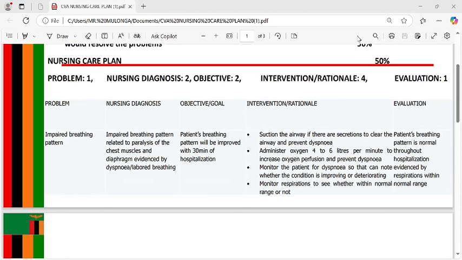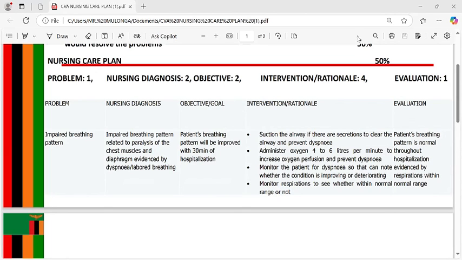Or before this one, you can add a point which can be, I will assess the airway to note if there are any secretions, or I will assess the airway to check for patency. And then the second one can be, I will suction the airway if there are any secretions to clear the airway and prevent dyspnea.